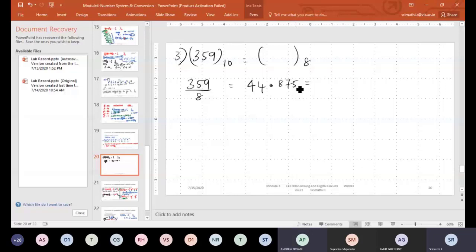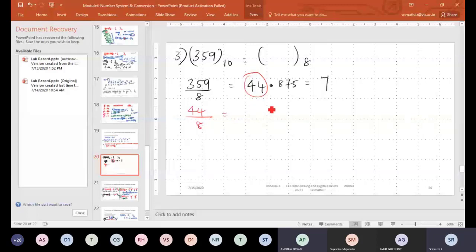Now next I need to consider only the quotient, 44. Again, take the quotient. That is how you have done in binary, right? 44 divided by 8. Again, tell me quotient and remainder.